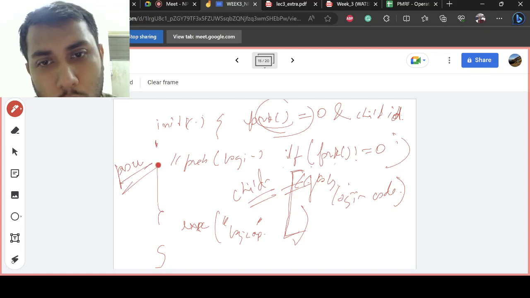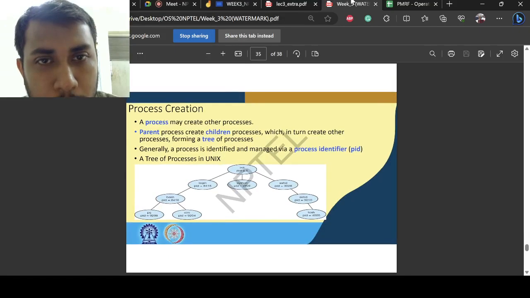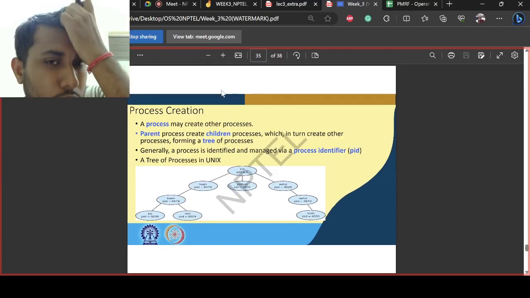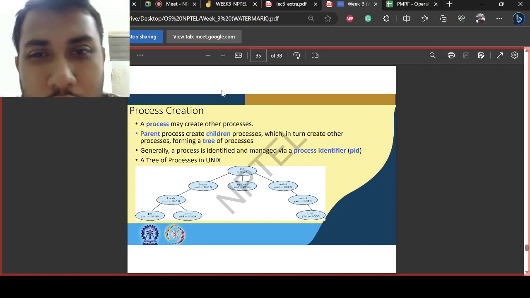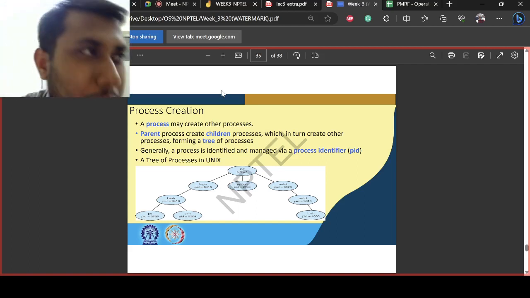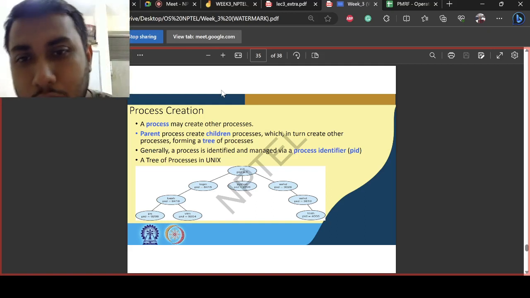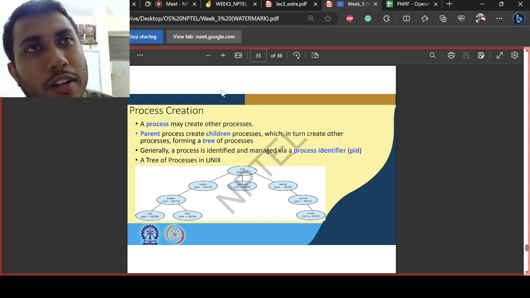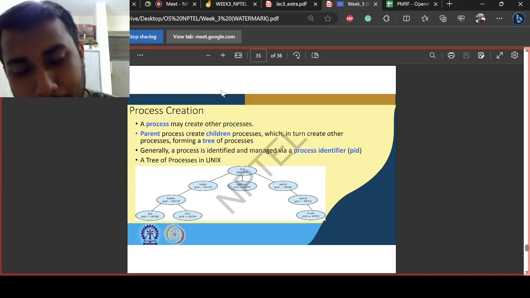But login is the child of init. If you check this, it is called a tree of processes. You can call them children, though technically it is not exactly that, but it is created by init, so yes, it is a child. If the main process gets deleted, it doesn't matter.